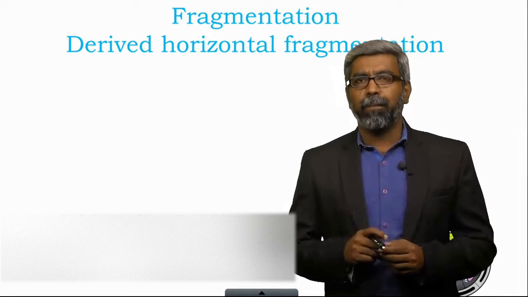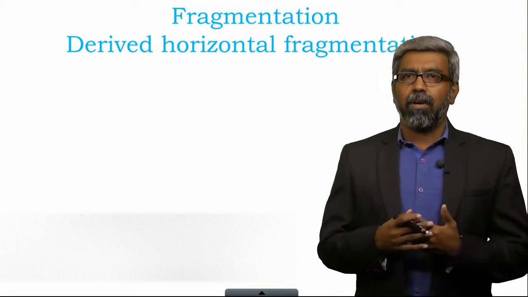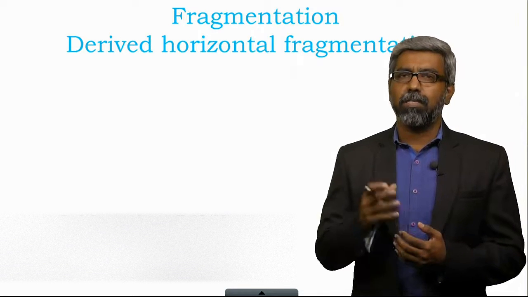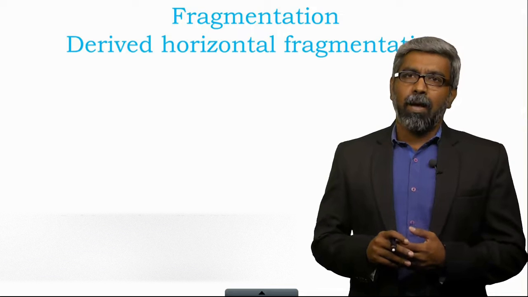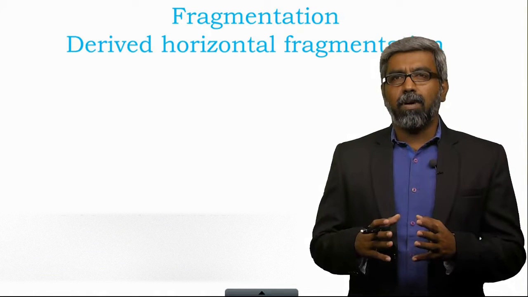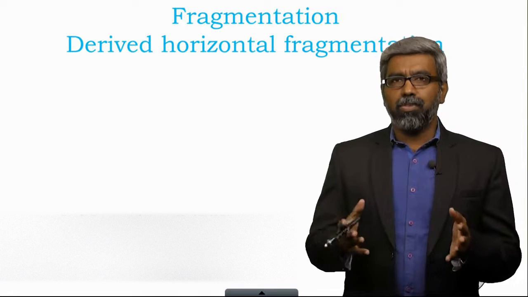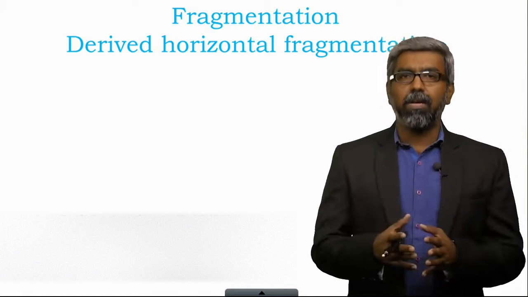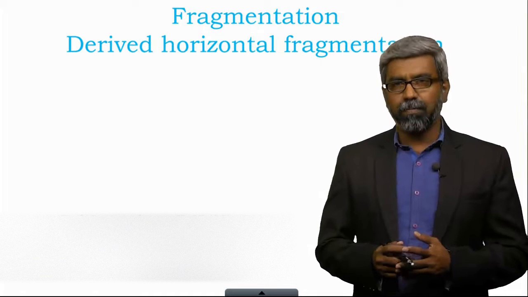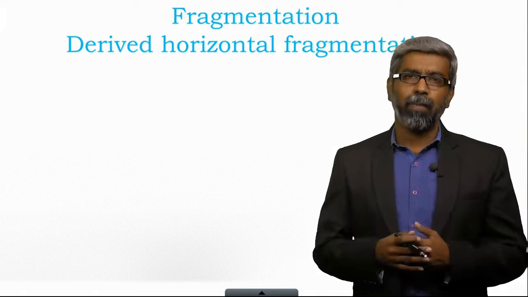Now when we go for primary horizontal fragmentation, we consider just one table, and in reality, I cannot fragment all the individual tables using the min-term predicates and min-term fragments we have derived. It is a difficult task.